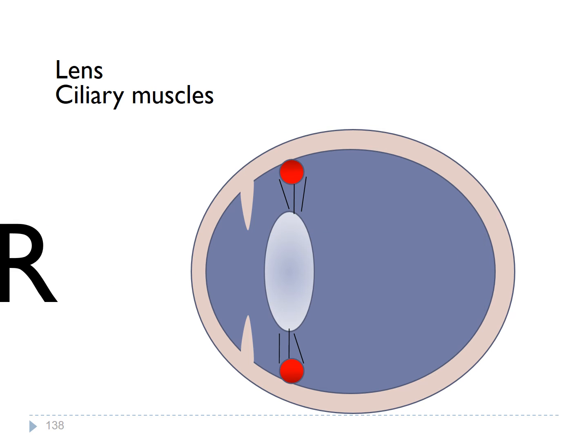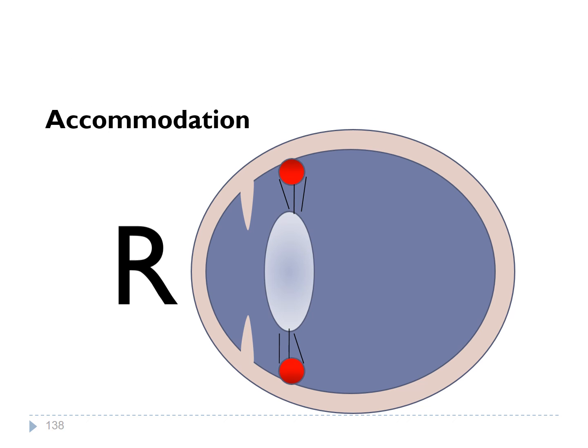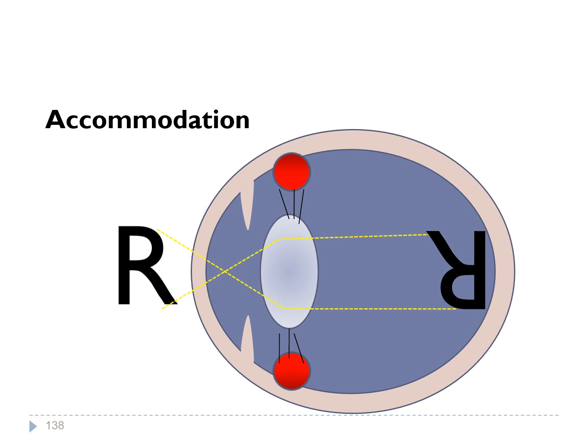When objects move closer to us, we need to change the shape of the lens. We need to bend the light more. In order to do that, the ciliary muscles flex. That releases tension on the suspensory ligaments, and the lens adopts more of an oval shape. And this causes the light to bend differently, keeping the object in focus on the retina.